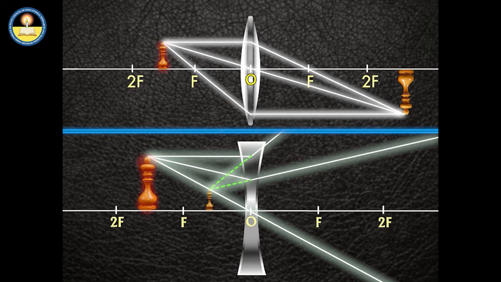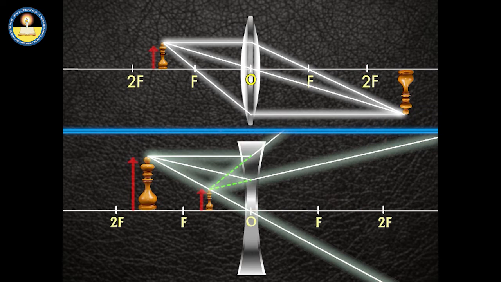The object is always placed to the left of the lens so that the incident rays always travel from the left to the right direction. All distances to the left of the lens are to be considered as negative. All distances to the right side of the lens are to be considered as positive.